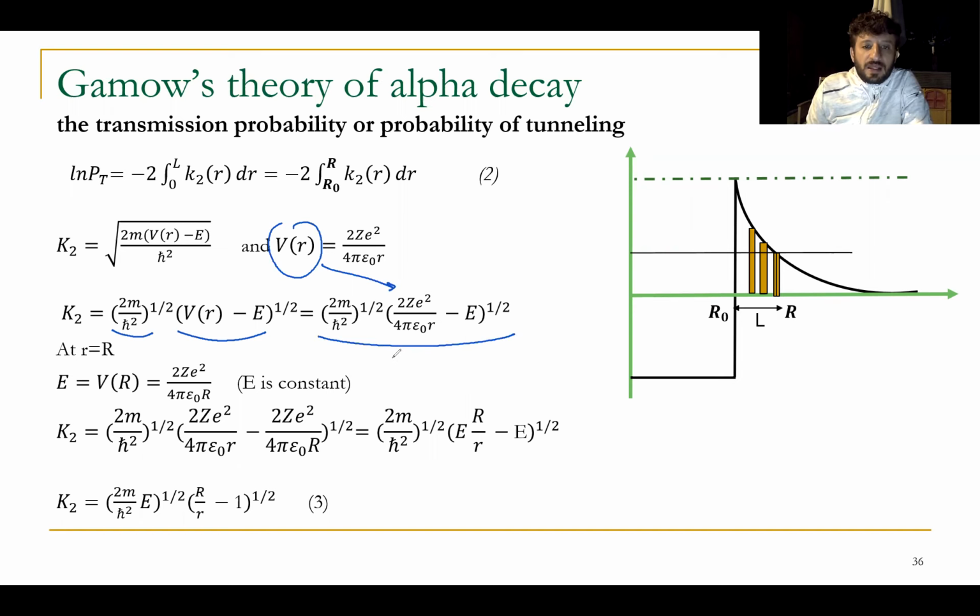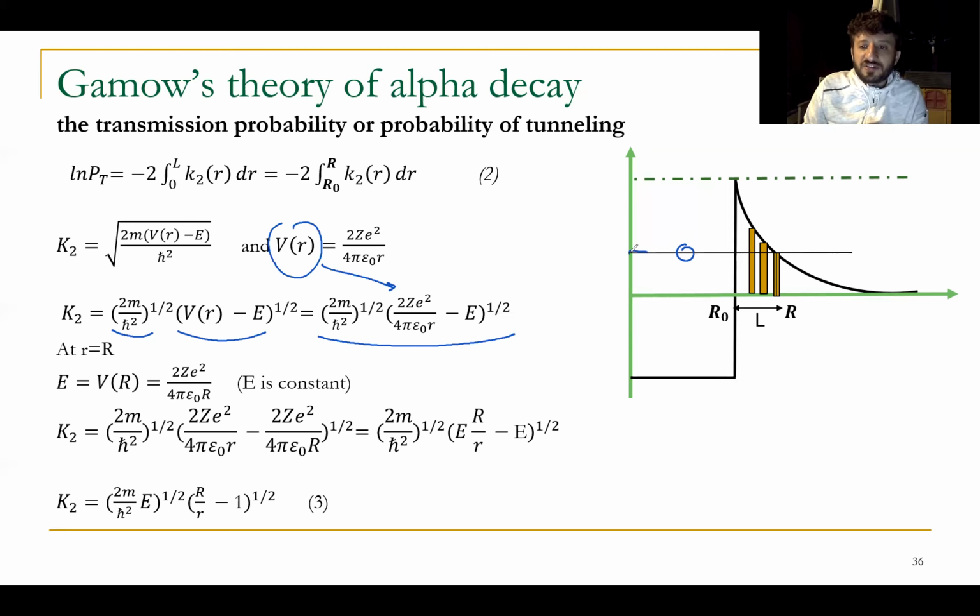The alpha particle has a constant energy. I said this before: the energy of the alpha particle before the potential barrier is equal to the same value after the potential barrier.